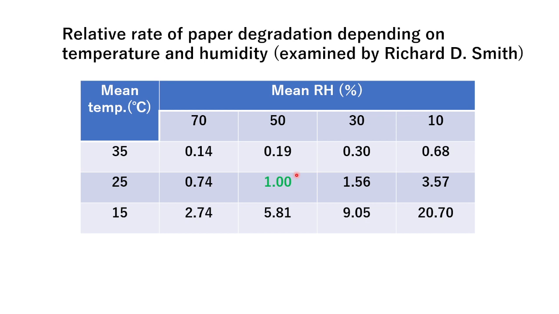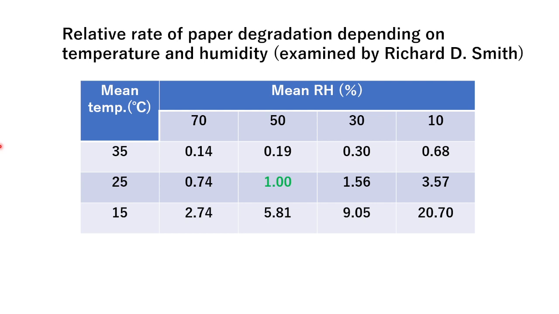When the value 1 is based on the degradation rate at 25 degrees and 50%, the relative ratio between the degradation rates at each temperature and humidity is calculated. So we can summarize to what extent the life of the paper changes relatively depending on the temperature and humidity conditions. Of course, this value naturally changes if the experimental conditions and the type of paper are different.